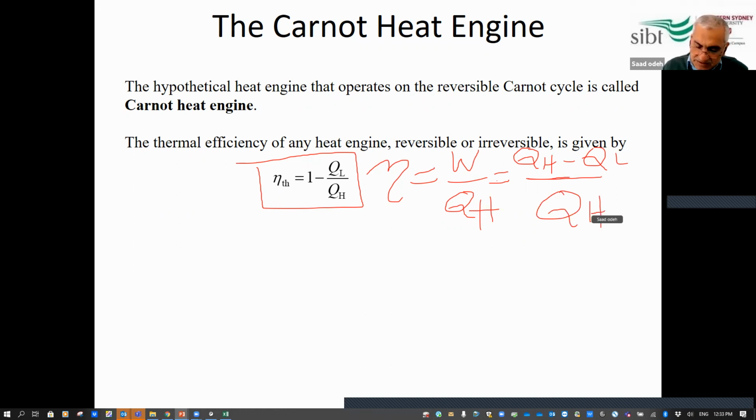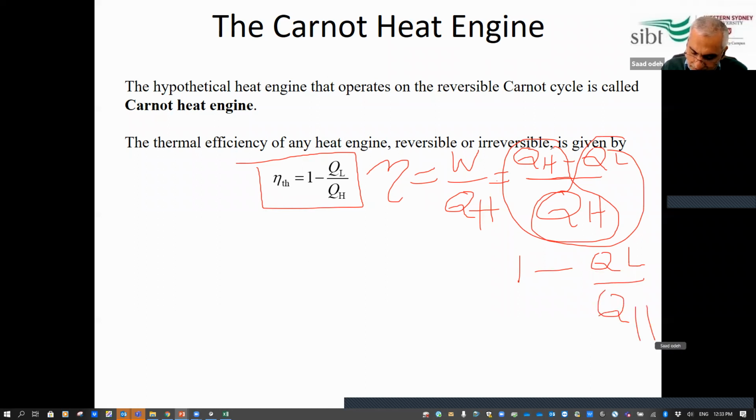If I take this part separately, QH divided by QH is 1, minus QL divided by QH. So 1 minus QL over QH is our Carnot efficiency, right?